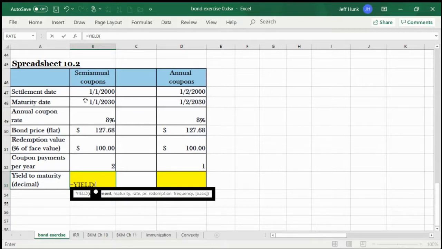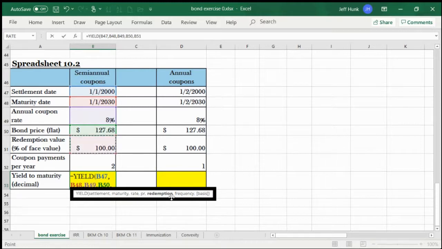Now, settlement date, okay. And another thing is you have to enter the comma manually. Maturity date, yes, you enter. Rate means always the coupon rate. There you go. Price is the current price of the bond, the market price.